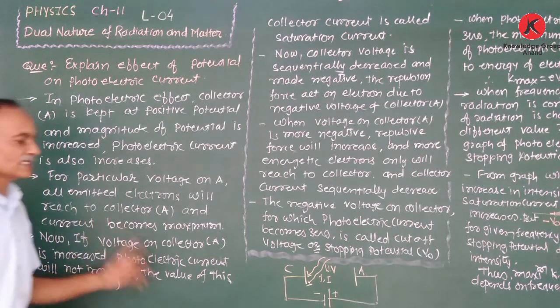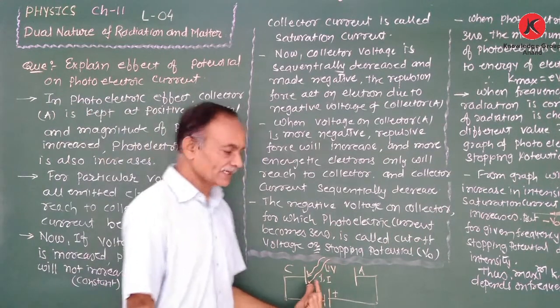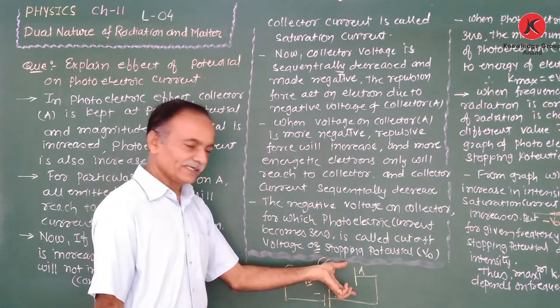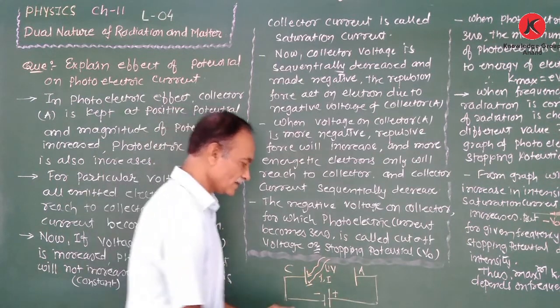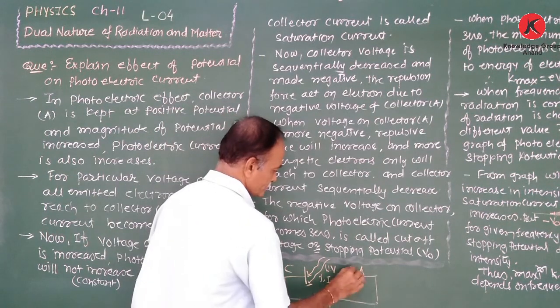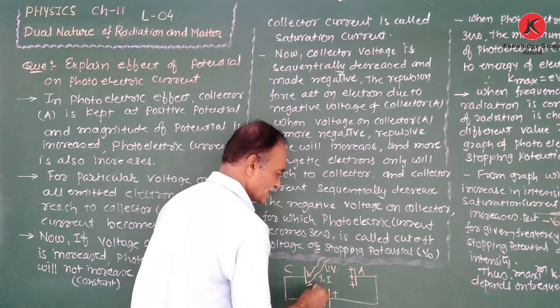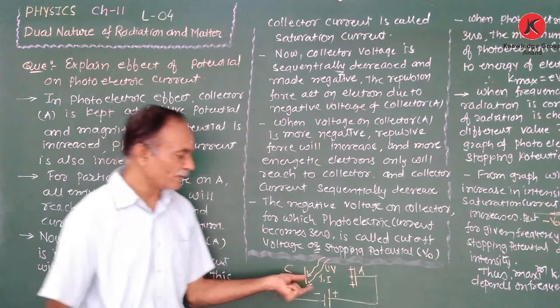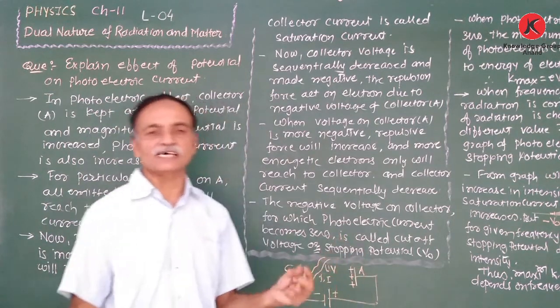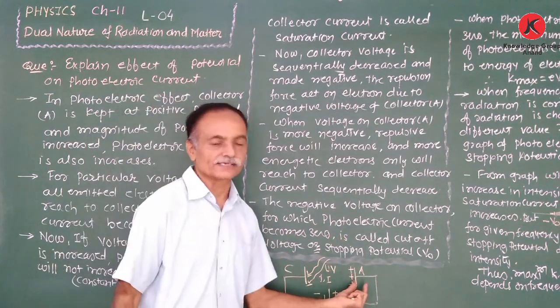Now, this suggests that the collector, or anode A, is kept at positive potential with respect to the cathode. Due to the positive potential on the anode, the electrons emitted from the cathode, having negative charge, are attracted by the collector.